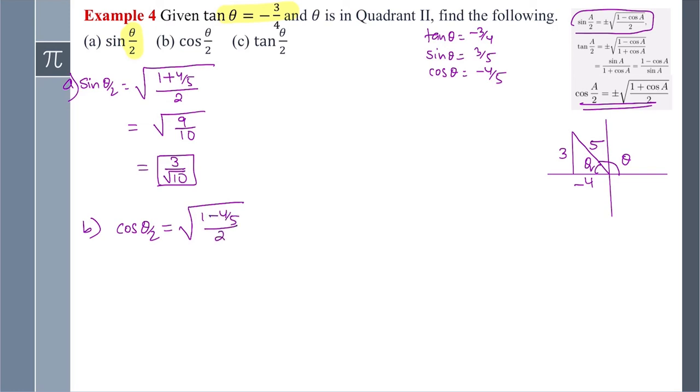So 1 minus 4/5 is 1/5, but we have that 2 in the bottom, so that becomes 1 over 10, and the square root of 1 is 1, so it's 1 over square root of 10. So that is the value for cosine theta over 2.